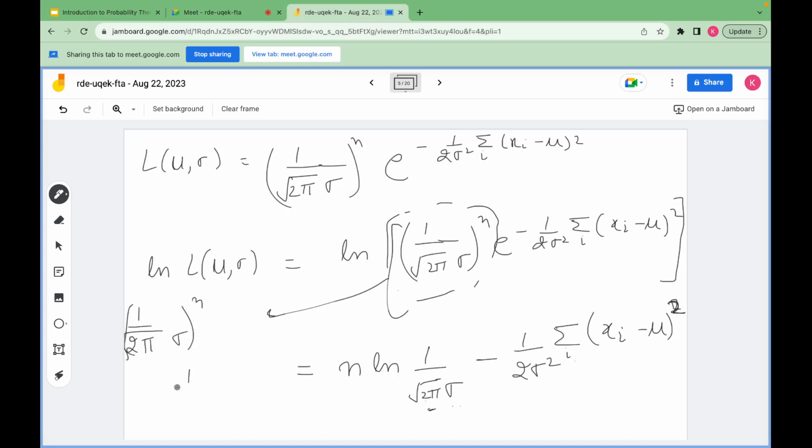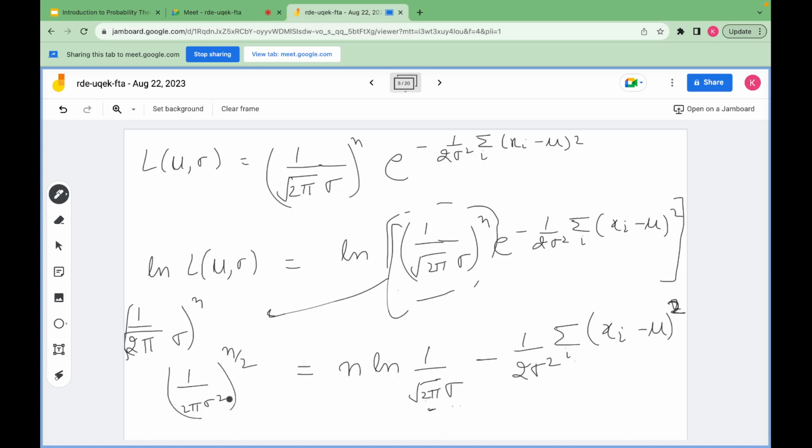I am just doing this thing: 1 upon 2 pi, taking the square for this, 2 pi sigma square whole to the power n by 2.